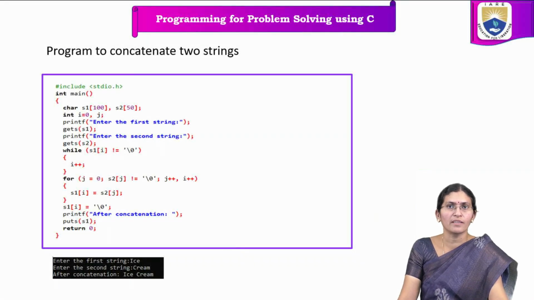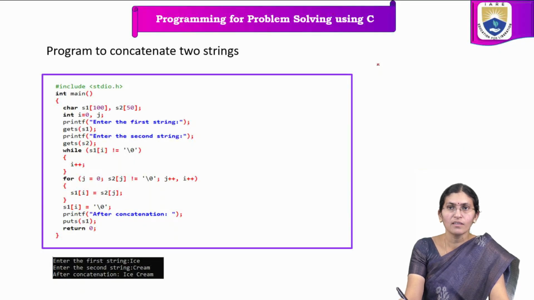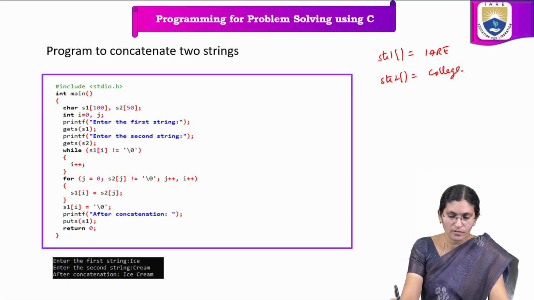Next program is to concatenate two strings. So here what we need to do is concatenate two strings. Suppose we have first string IARE, next one is college. So string concatenation means IARE, and then at the end we need to add, so here we can write str1.